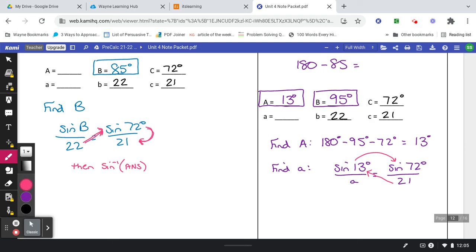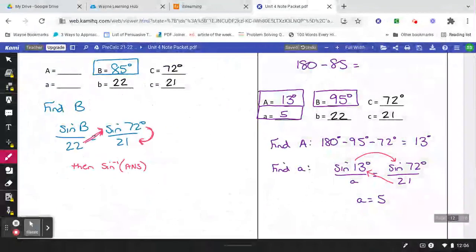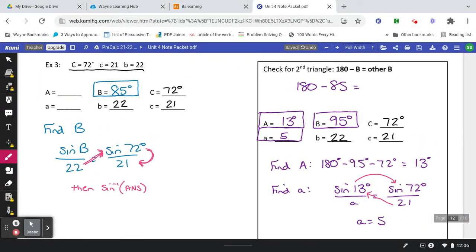All right, we should get, when you typed that in, lowercase a gives you rounded to 5. So you do have a second triangle. Oops, there we go. And that one's completely solved for.